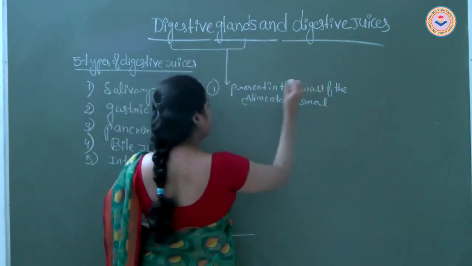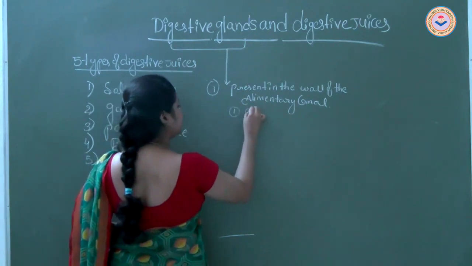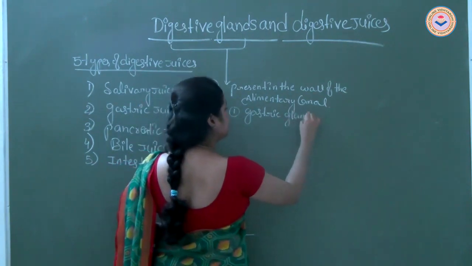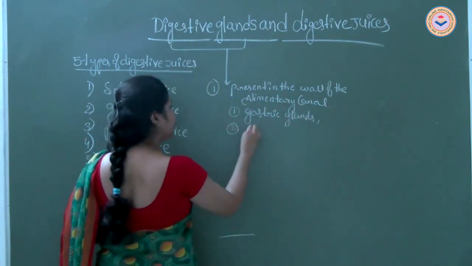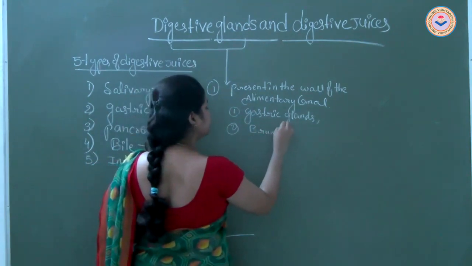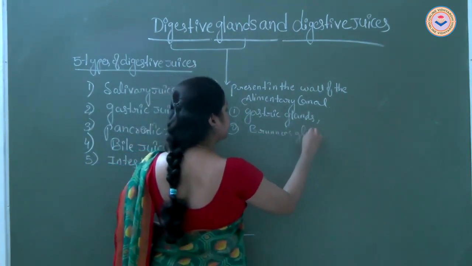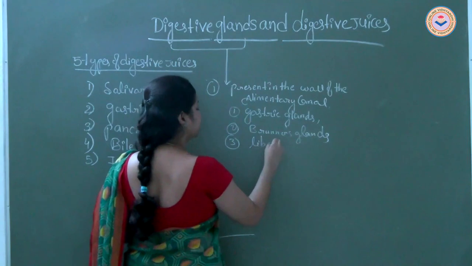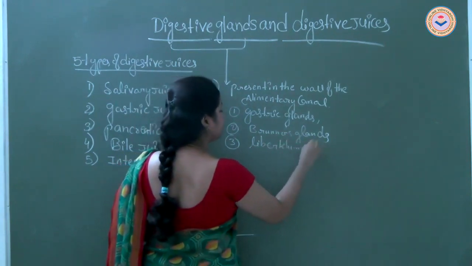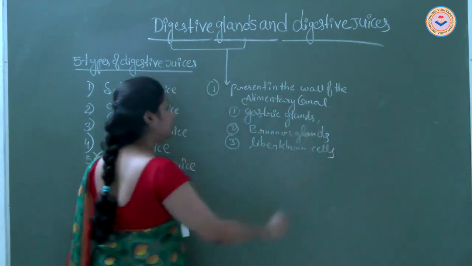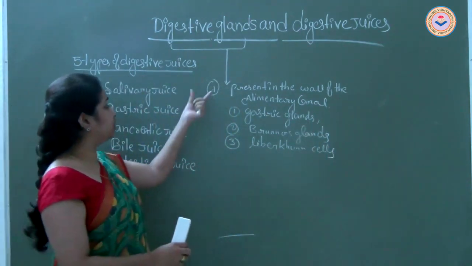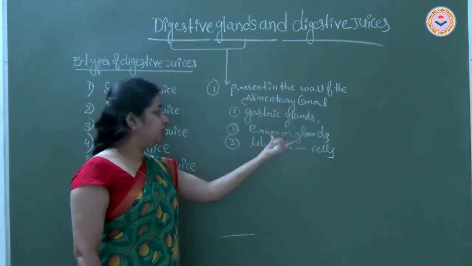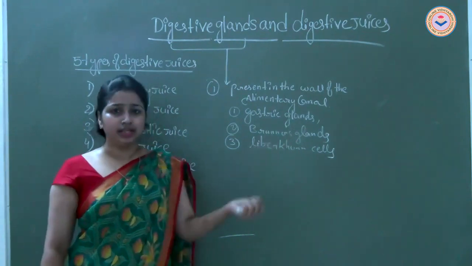For example, gastric glands, the second one is the Brunner glands, and the third one is the Lieberkühn cells. So some of the digestive glands are present in the wall of the alimentary canal, like gastric glands, Brunner glands, Lieberkühn cells.